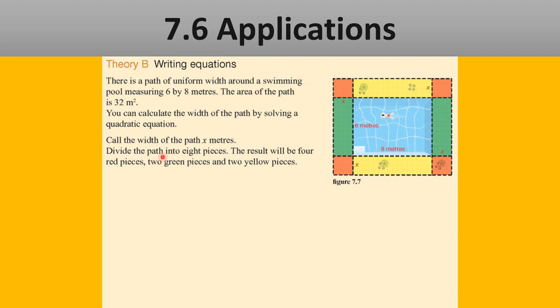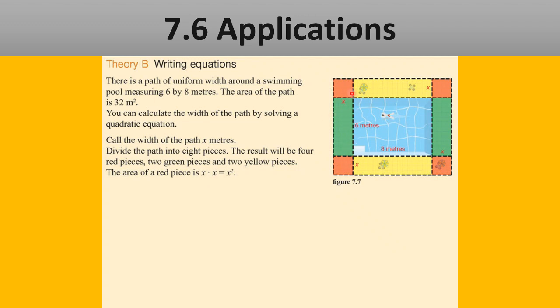Yes, you can. Not in numbers, but you can use a combination of numbers and letters. Because, for example, this red corner piece here, its width is x and its length is x as well. So you can now say, well, the area of a red piece is x times x is x squared.